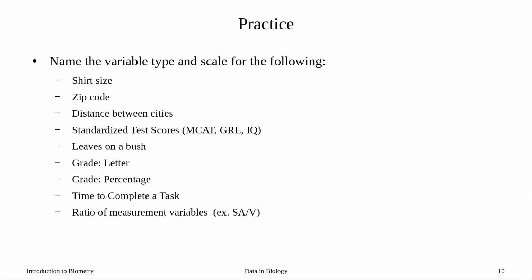Then for the scale, you will list nominal, ordinal, interval, or ratio. Remember your rules. Nominal and ordinal can only go with qualitative data. Interval and ratio can only go with continuous or discrete data. So go ahead, pause this video, and jot down some answers.